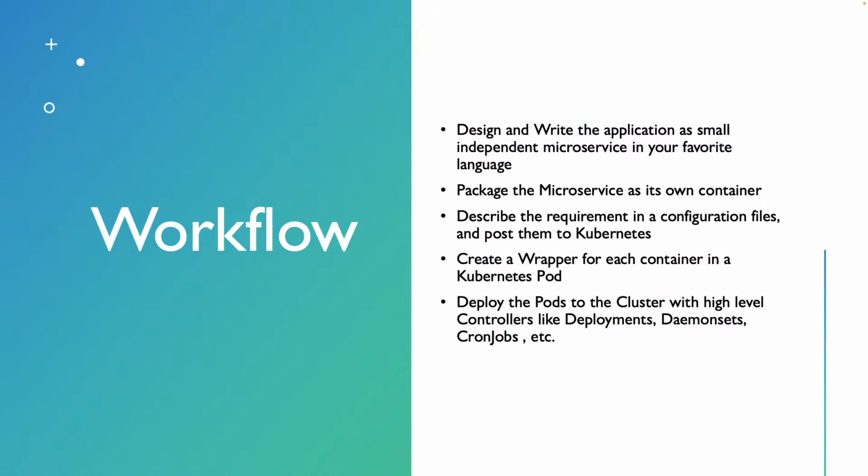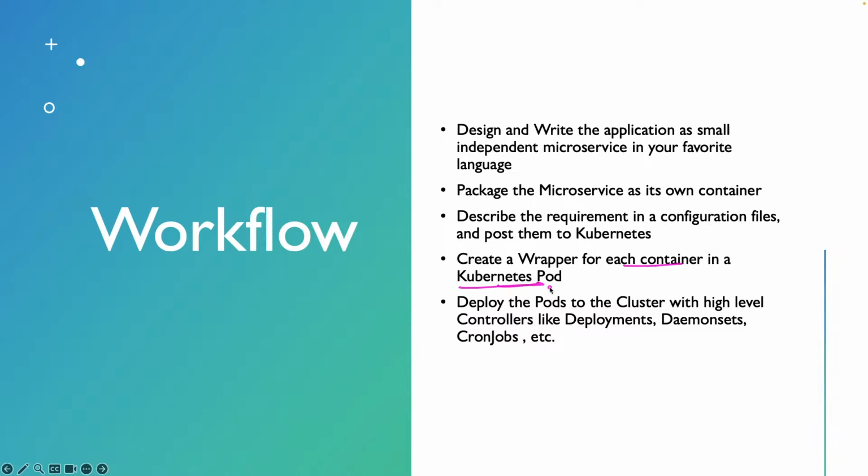So we'll start by writing our own application as a small independent microservice. We'll package the microservice as its own container. We'll describe the requirements that I want inside a configuration file, which we call the kube config file. Then inside it, I'll create a wrapper for each container, which we call a Kubernetes pod.